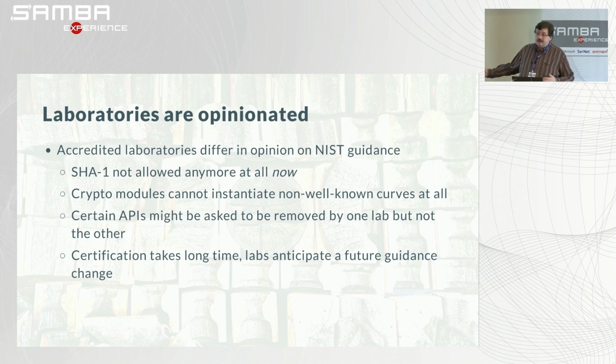You cannot use some custom parameters. We love custom parameters, but no. Only well-known curves can be used to instantiate parameters to different crypto, which in turn means if your library provides a way to instantiate custom things, they must be disabled in the certified module.